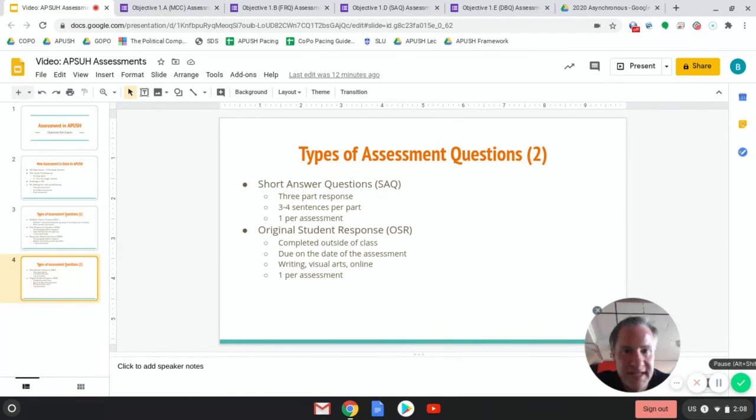Keep in mind, it's only 10 points. It weighs as much as that short answer question or that multiple choice question that we looked at earlier. So don't go out and buy a huge 4-foot by 6-foot canvas and paint Michelangelo on it and turn it in for your OSR. We're not looking for that.